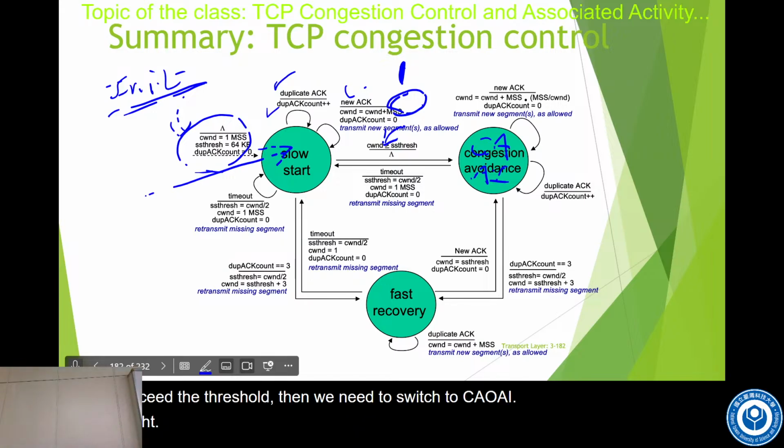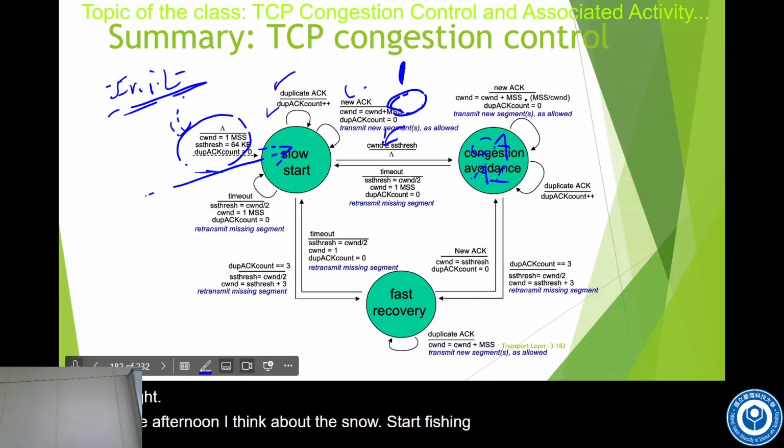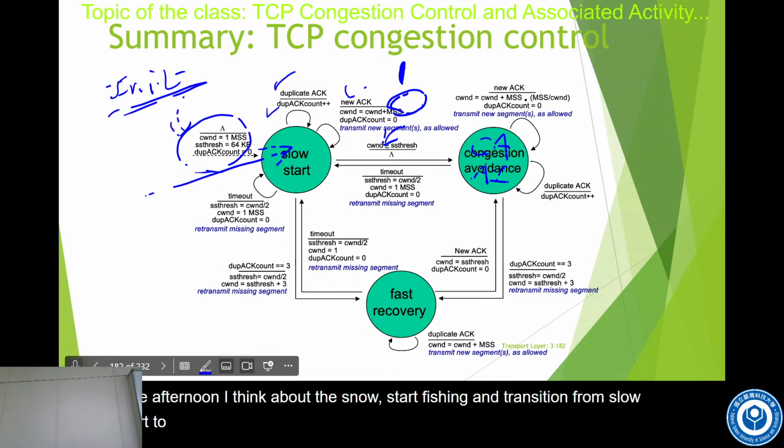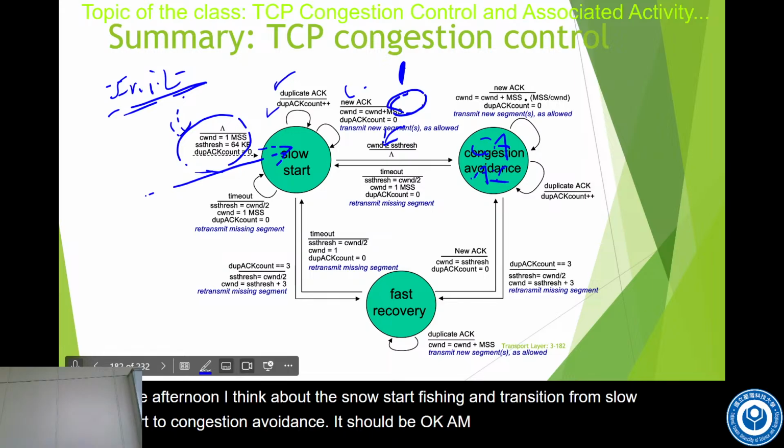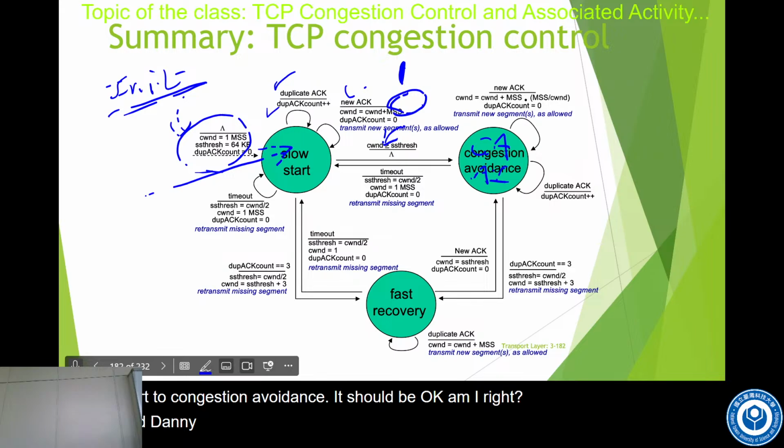Up to now, I think about the slow start description and the transition from slow start to congestion avoidance. It should be okay. Am I right? And let me check the next one by jumping to the timeout first.